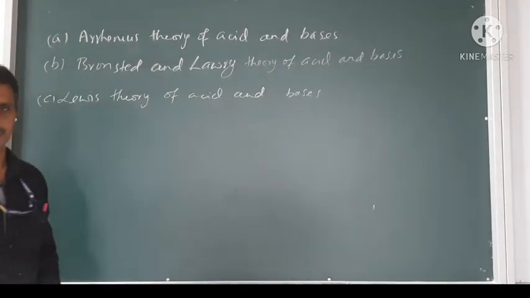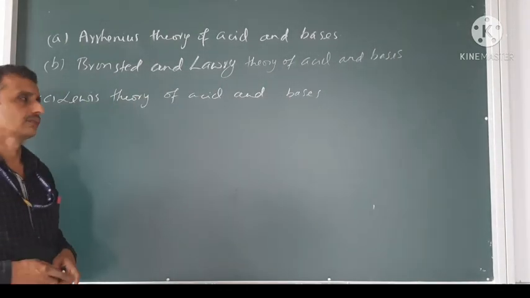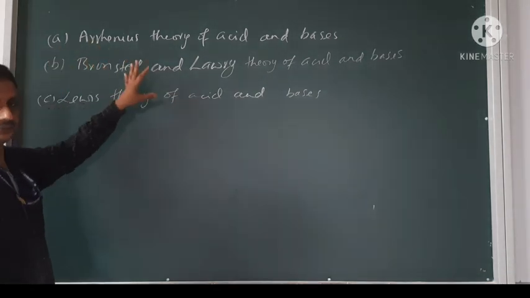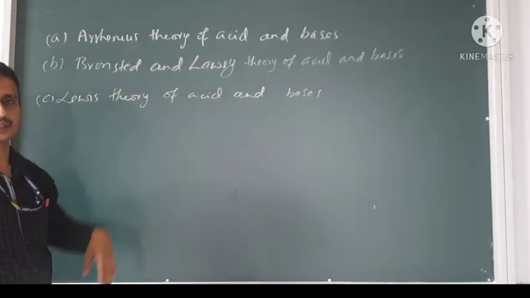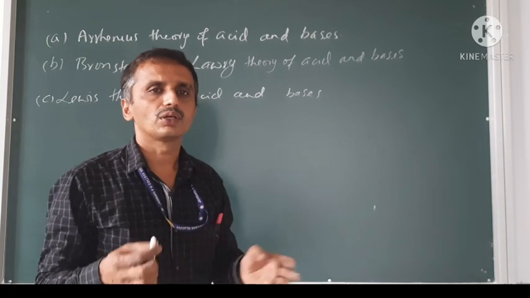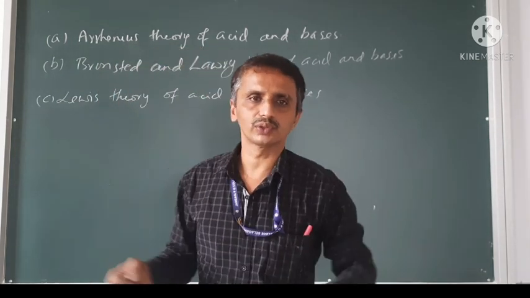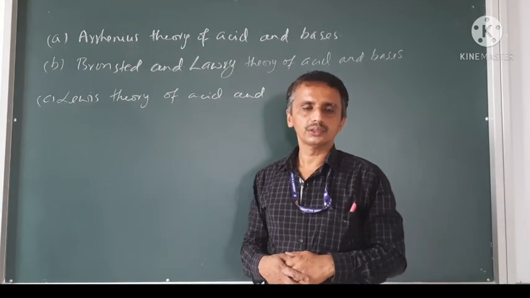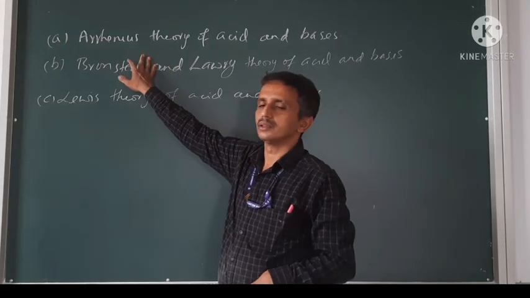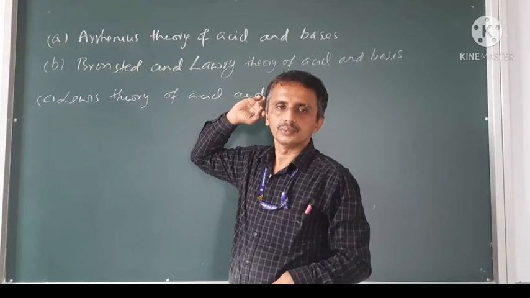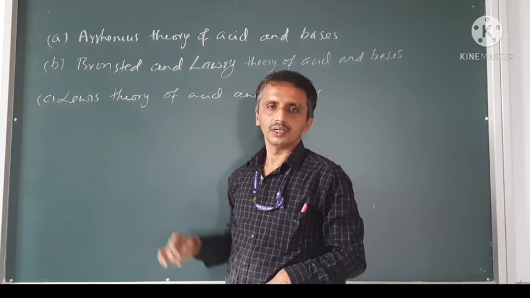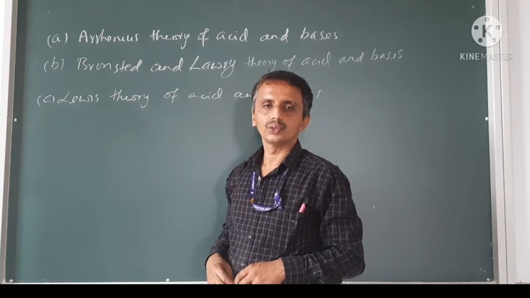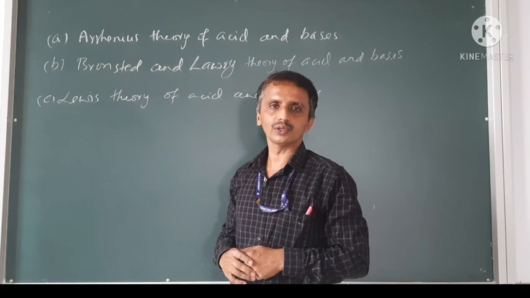Why are they needed? Arrhenius said these are acids, etc., but there was a drawback. There were demerits, meaning the definition given by Arrhenius could not explain every acid or base.